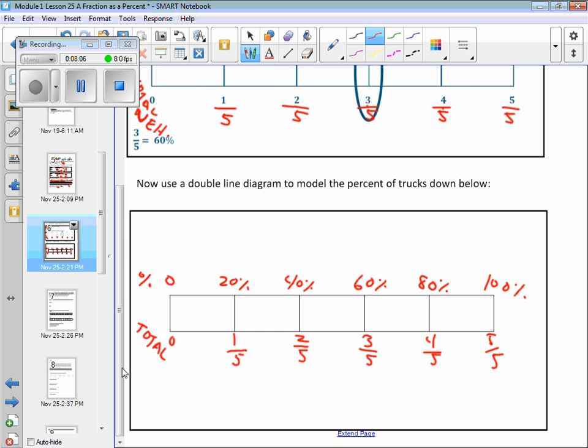And since we have 2 out of 5 being trucks, we circle that. Just another way to model it. Okay? All right, the next 2 pages you guys are going to do on your own.